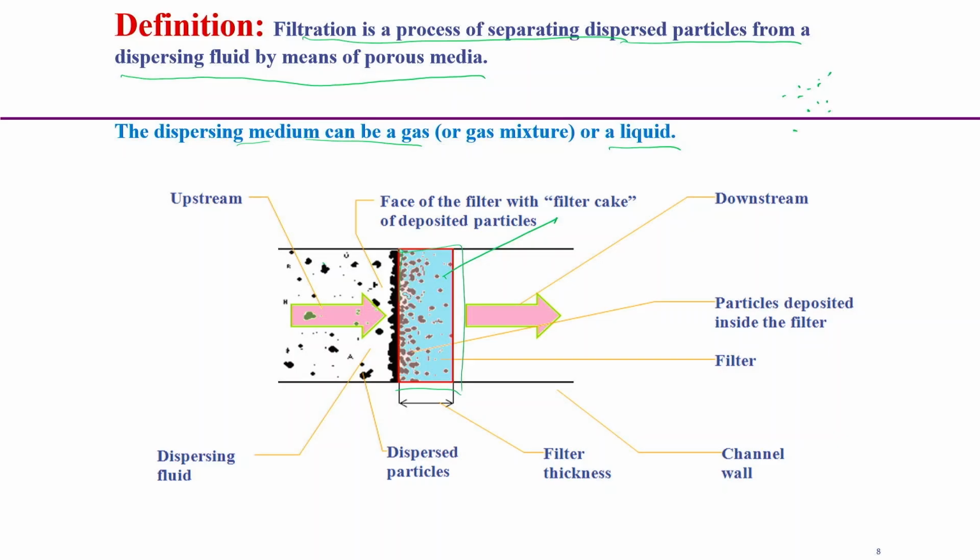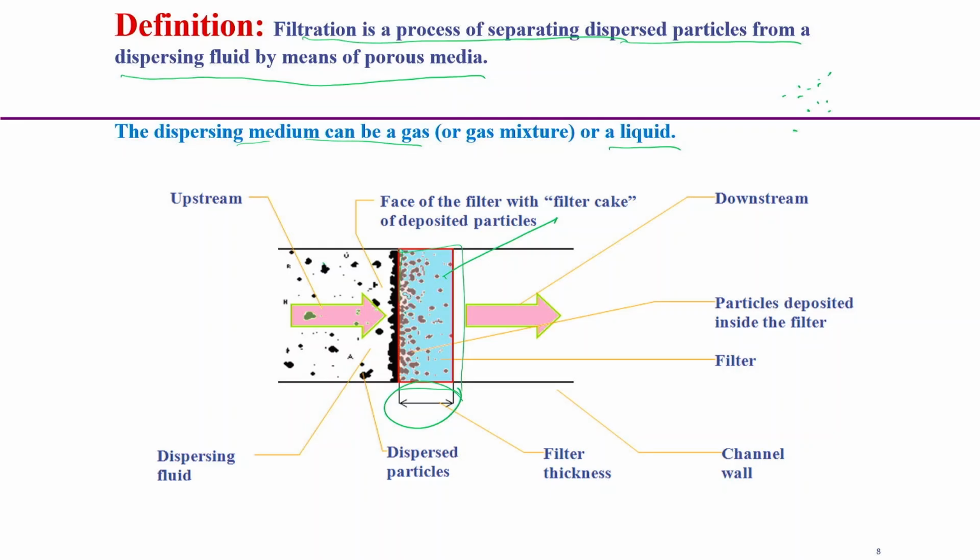This is the filter fabric, and here you can have thickness, we can control this thickness. Dispersed particles are there, and dispersing fluid. Dispersed particles are the particles in the air, and the dispersing fluid, in this case, is air.